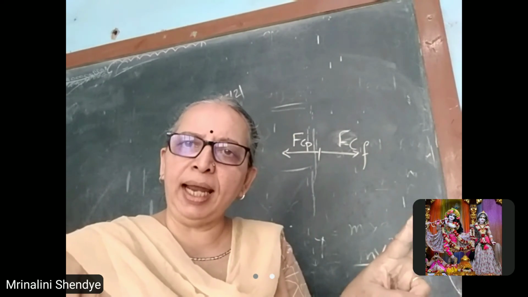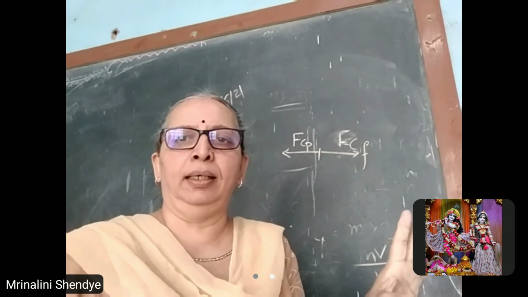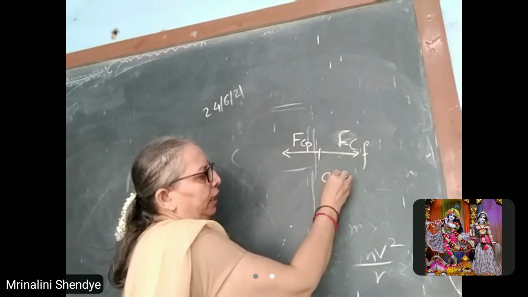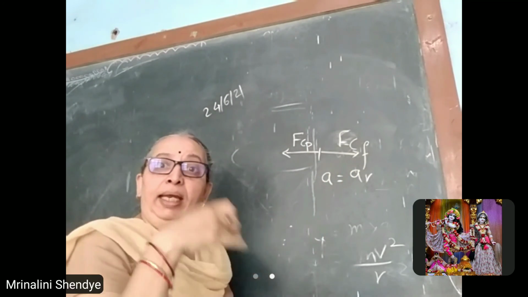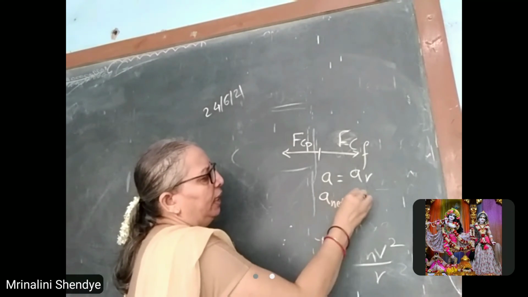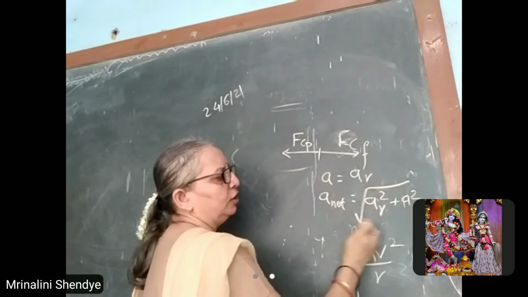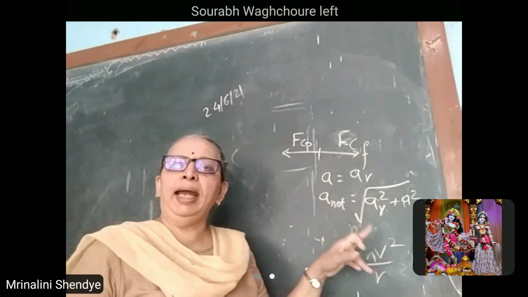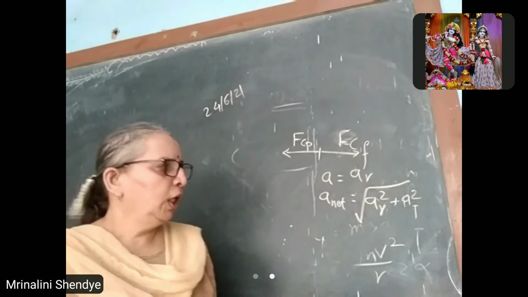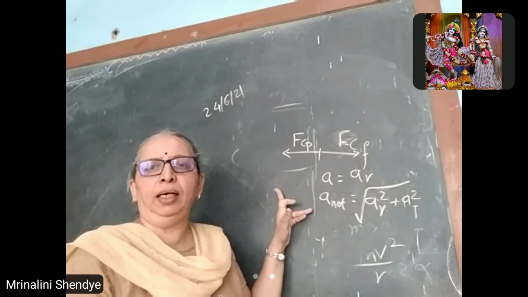In both types, linear acceleration is always present. Only in UCM, linear acceleration is a_R, while in non-UCM, linear acceleration is the square root of a_R square plus a_T square. Here the a_T term comes due to change in magnitude of linear velocity.